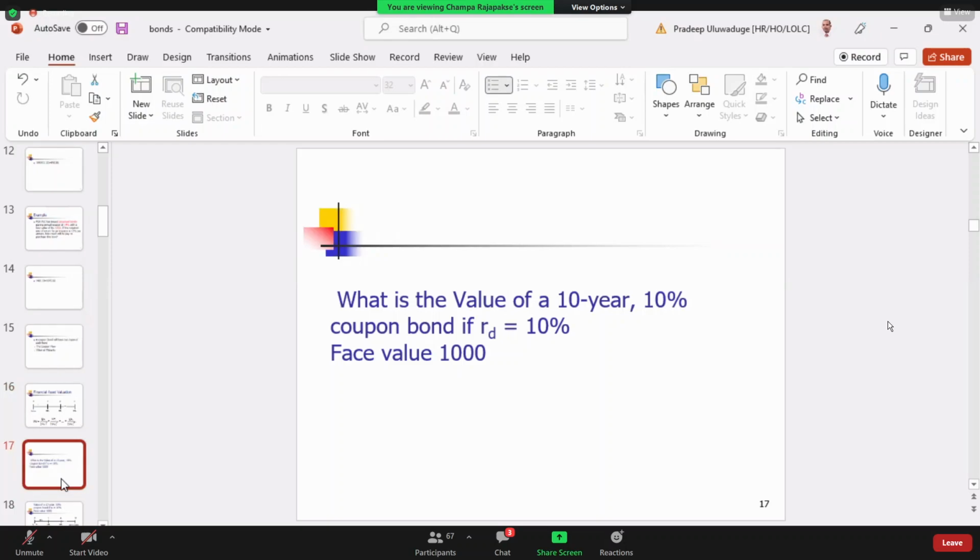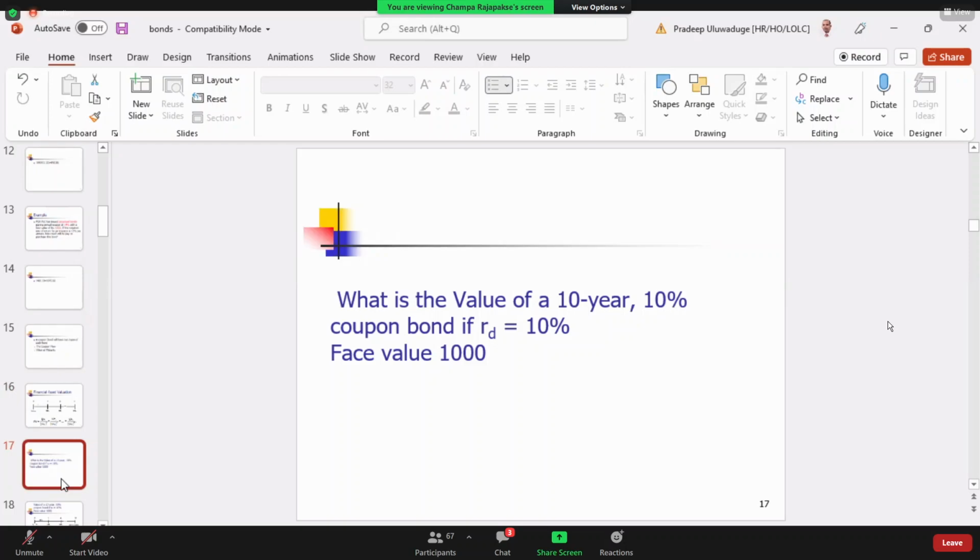So let's do one example. What is the value of a 10-year 10% coupon bond, if the discount rate is 10% and face value is 1,000? This bond matures in 10 years. So once issued, it will give you 10% interest for 10 years.